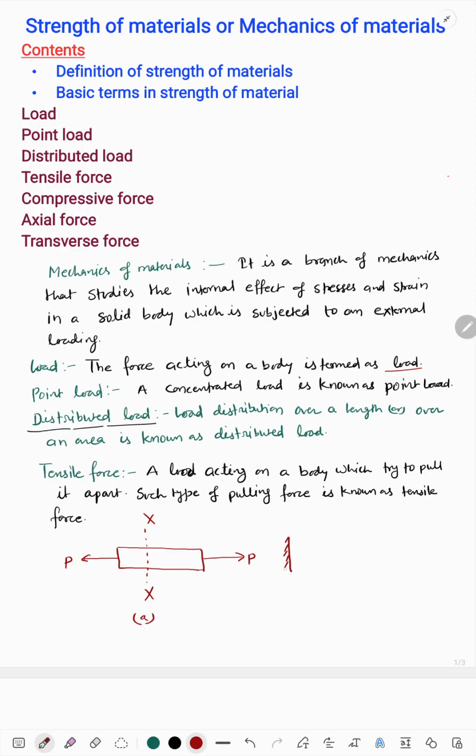If one end is fixed and the other end is free, but at the free end force P is applied, this force will try to elongate the member. That is a tensile force acting to elongate the member.